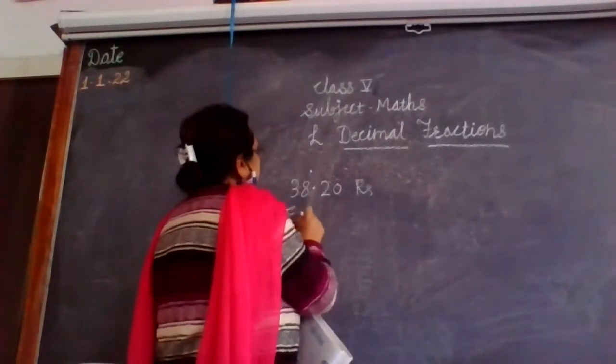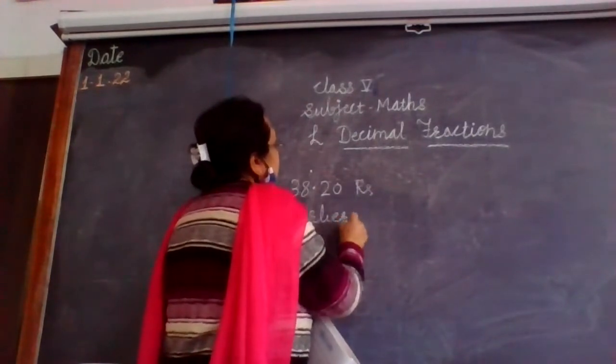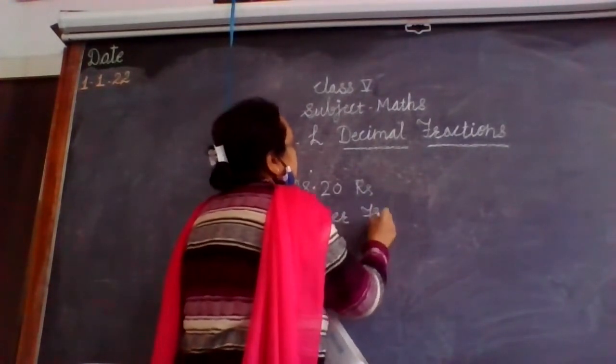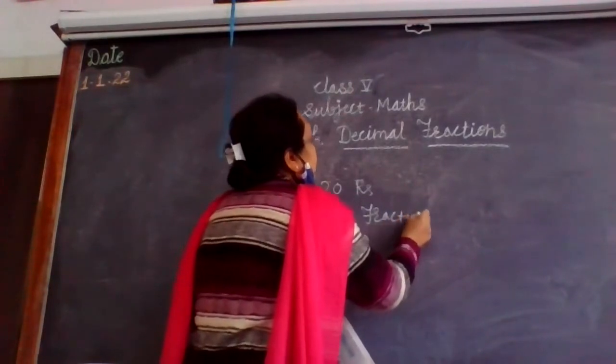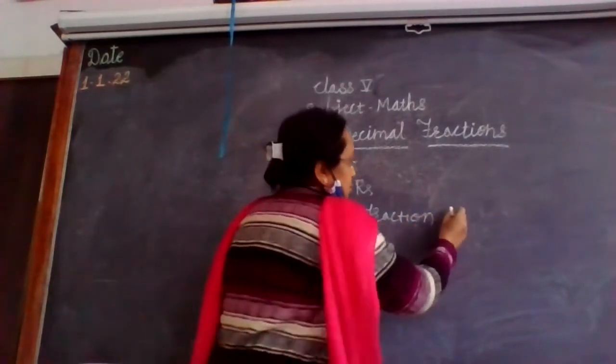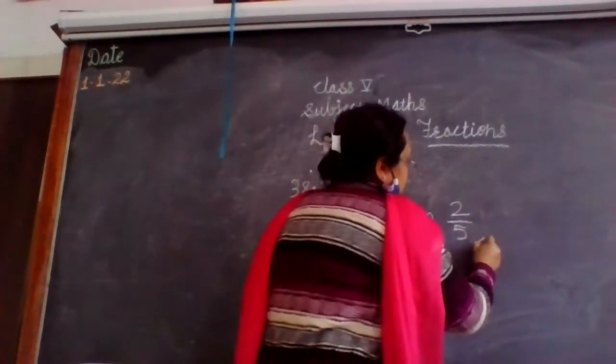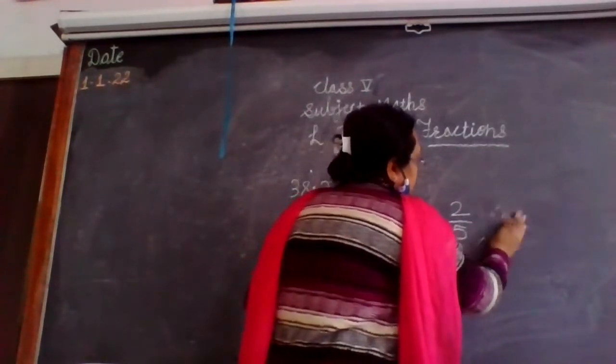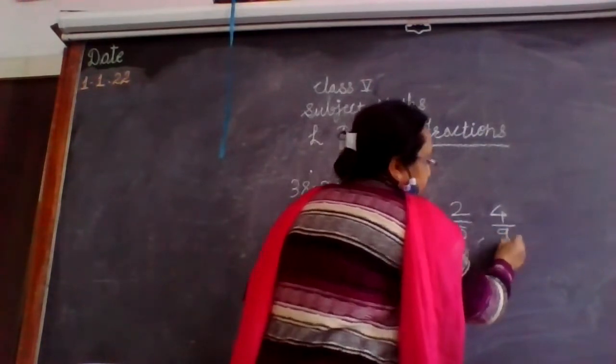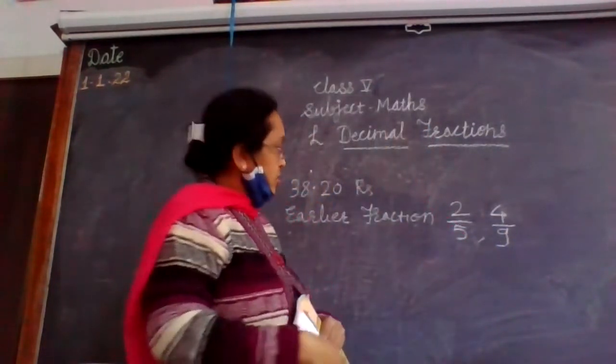Earlier we have seen fractions like 2 by 5, 4 by 9, such fractions.